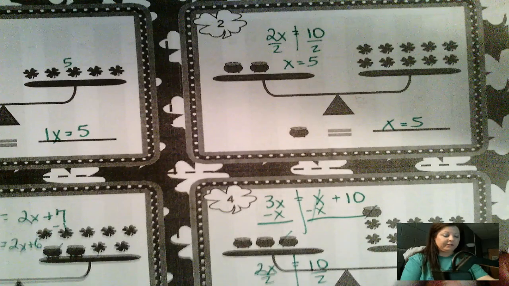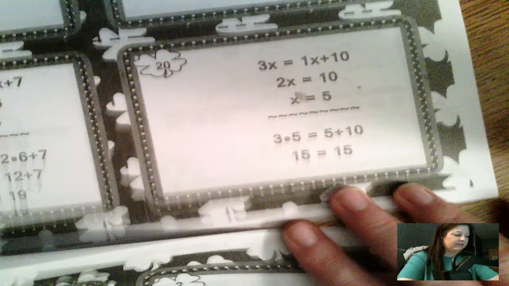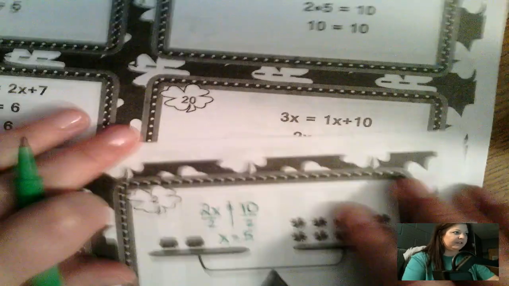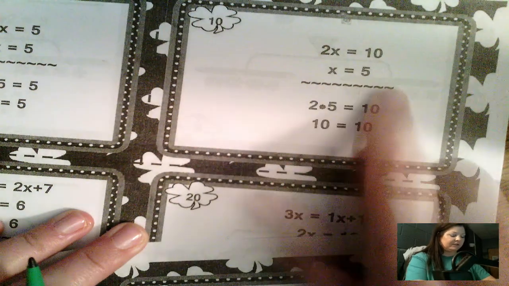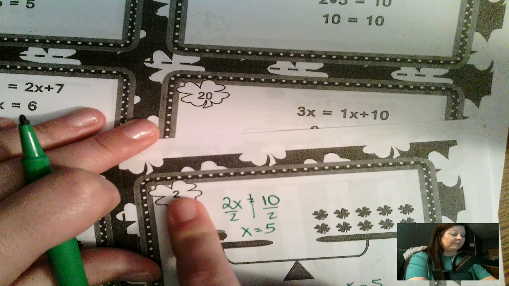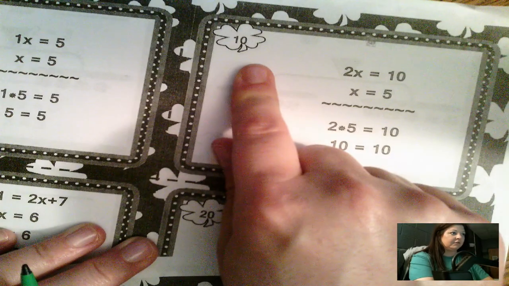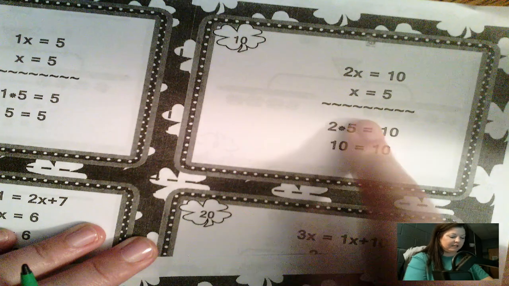Okay, now what I'm going to do is look at this next page here, and I happen to see 2x equals 10 right here. 2x equals 10, x equals 5. So I know that my clover card 2 matches equation card 10. Okay?